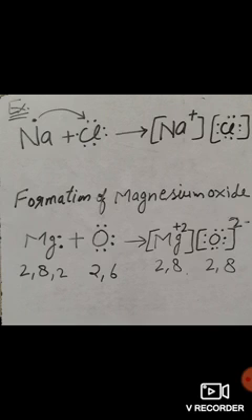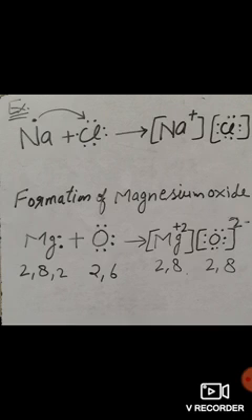Sodium has 1 electron in its valence shell. Chlorine has atomic number 17, which we can split as 2, 8, 7, so chlorine has 7 valence electrons.